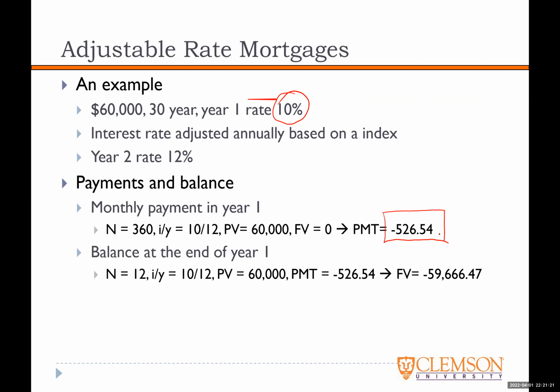So let's calculate the balance of this loan at the end of year one. So we use a future value approach in this case. We know that we have been making payments for 12 months.